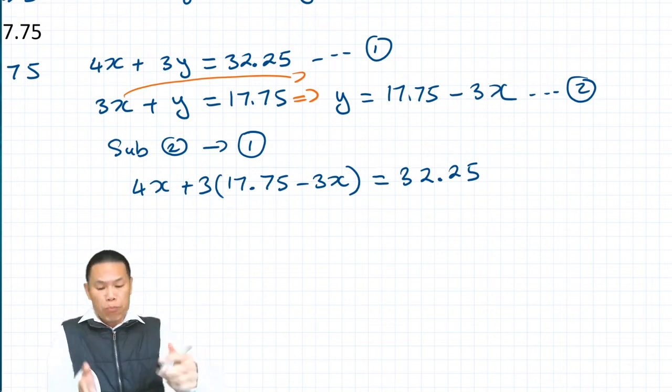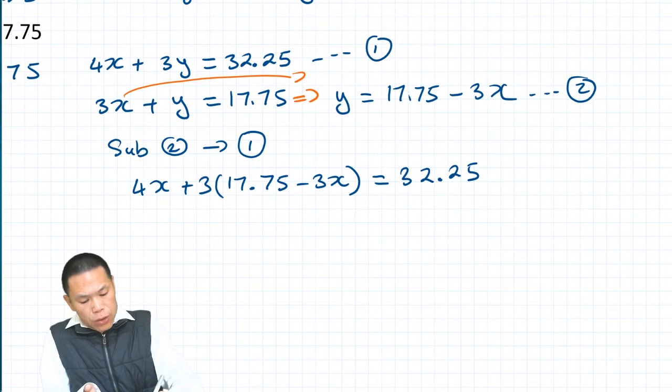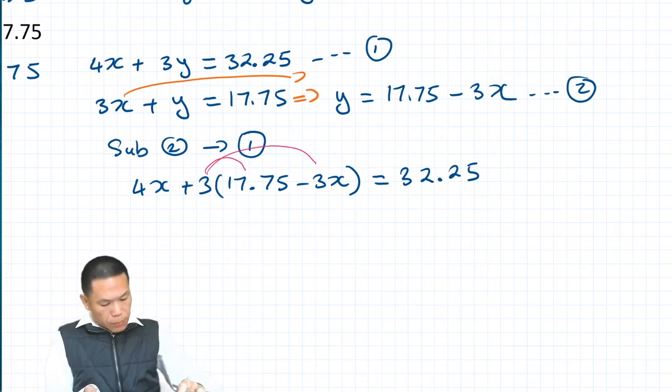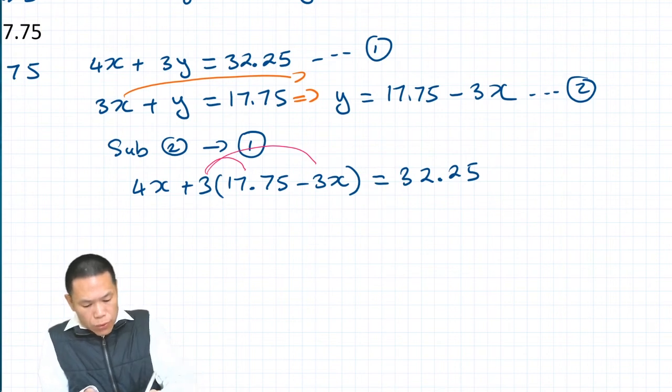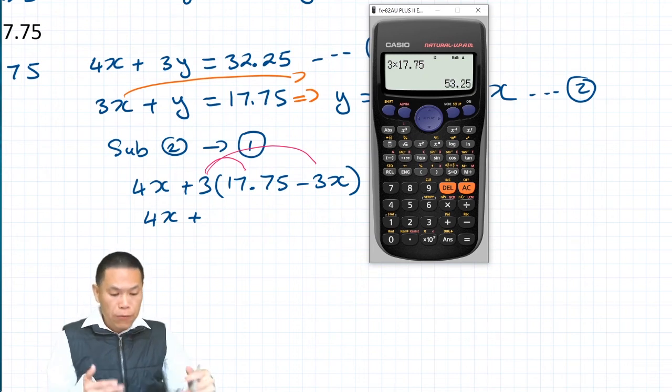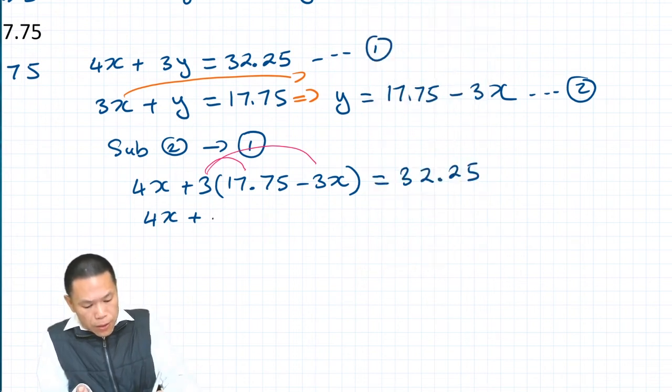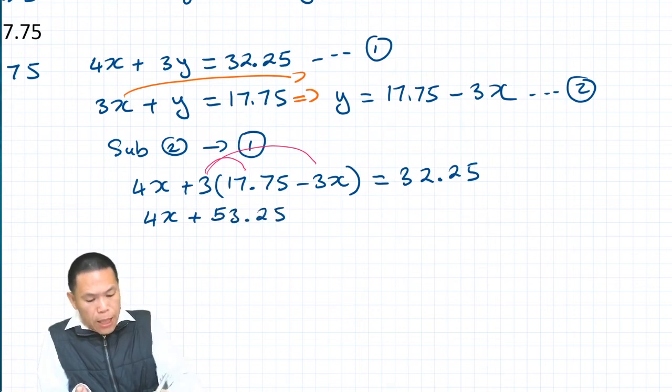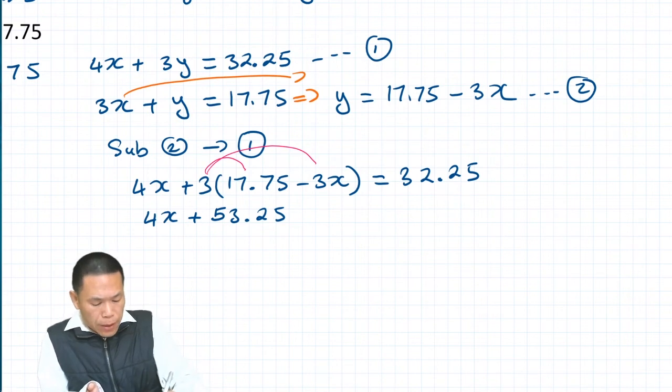Now I've just removed the bracket by expanding: 3 times this and 3 times this. So I just write 4x plus, 3 times 17.75, which gives me 53.25, and then 3 times negative 3x is negative 9x.